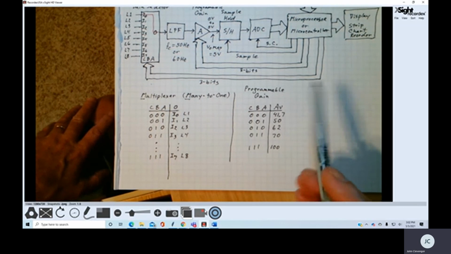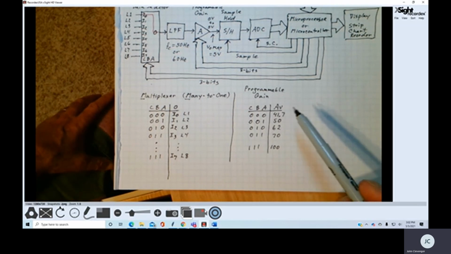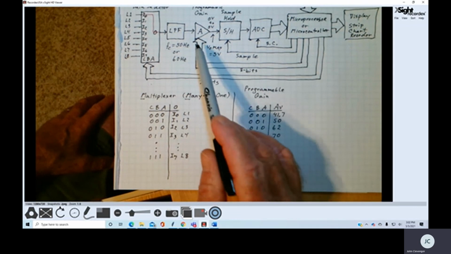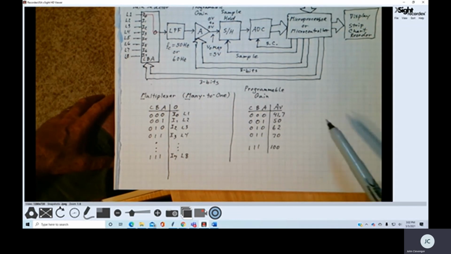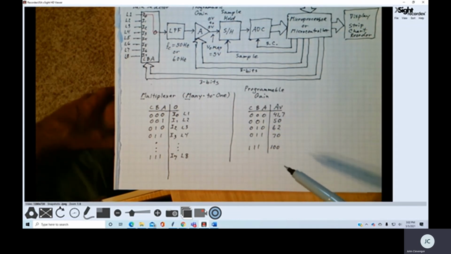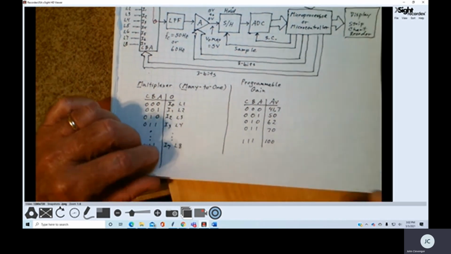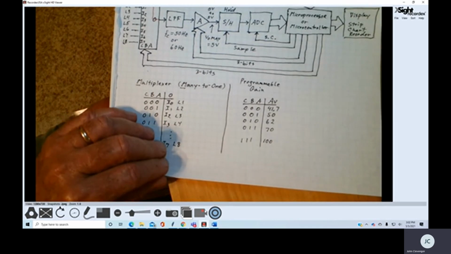And this would be part of our calibration or operation procedure. The microprocessor would be sending out information here to set the gain of that block as appropriate, to give us the optimal or maximum output voltage of the amplifier.